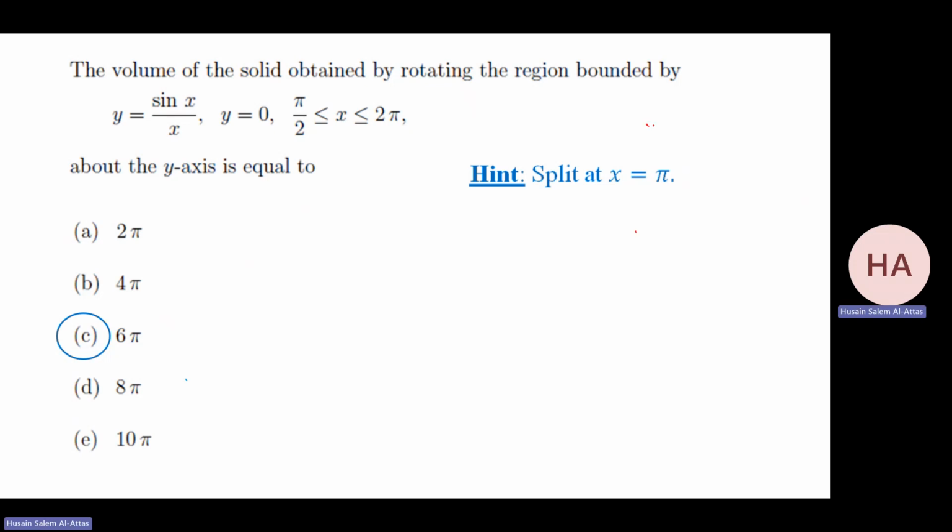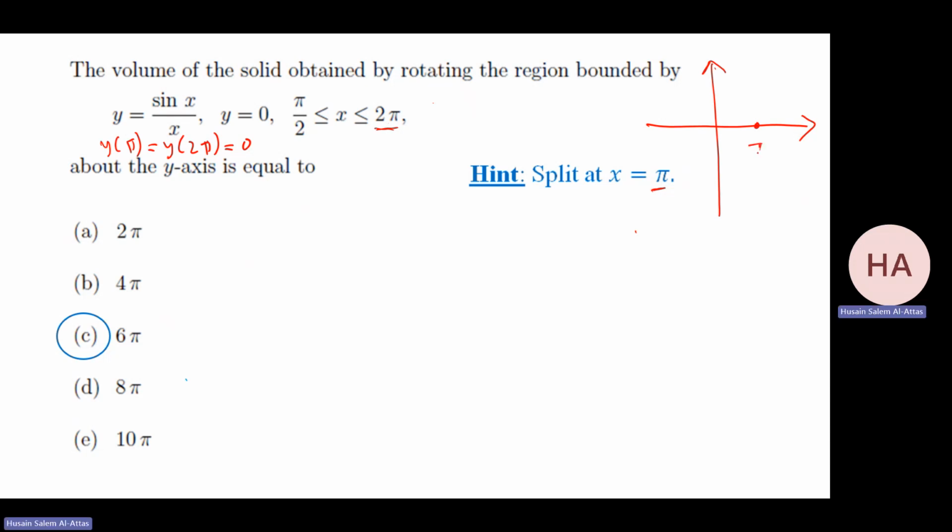Yeah, this is sine x over x, not sine x only. So sine 2 pi will be 0. At pi, at 2 pi, that will be 0. So at pi it will be 0.